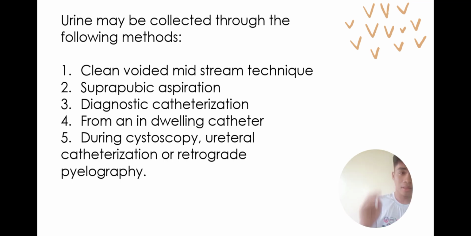First we have a clean voided midstream technique. Then we have the suprapubic aspiration, third diagnostic catheterization, fourth from an indwelling catheter, and fifth during cystoscopy, urethral catheterization, or retrograde pyelography.